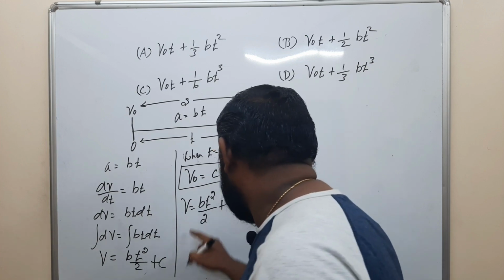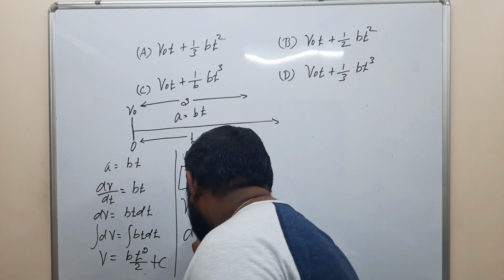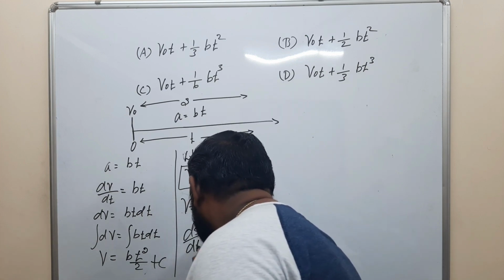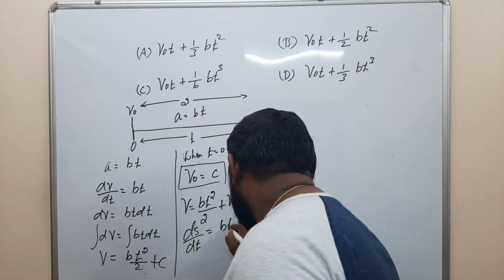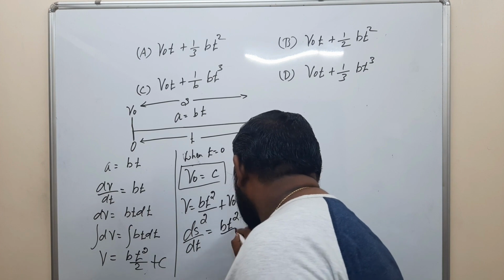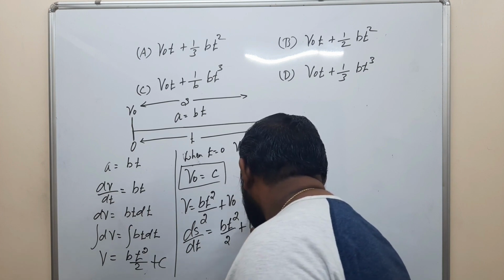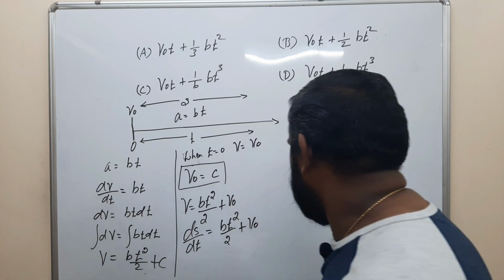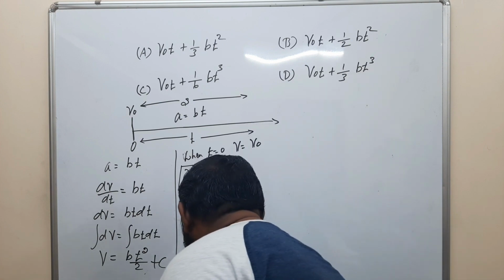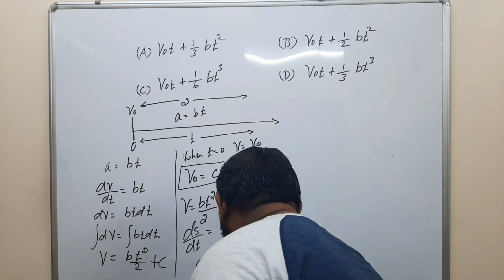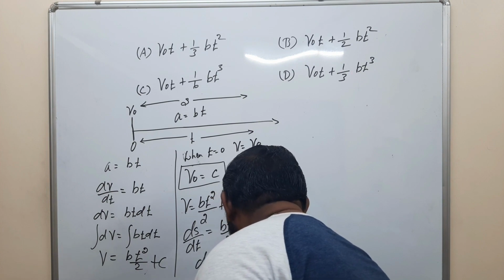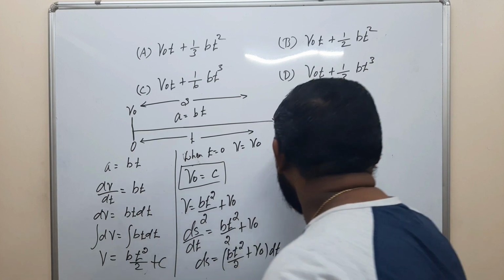So this v we can write as ds by dt. ds by dt is equal to bt square by 2 plus v0. So separate the variables, that is ds equal to (bt square by 2 plus v0) into dt.